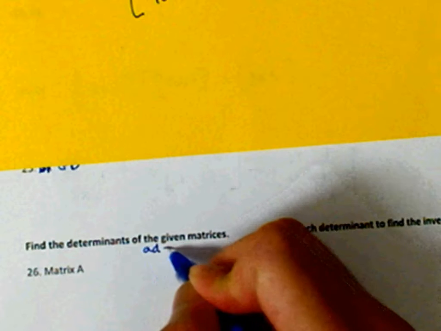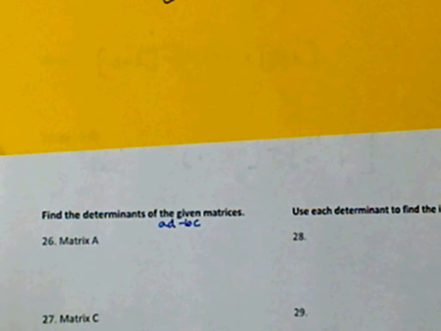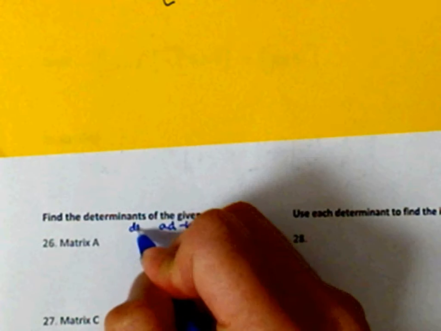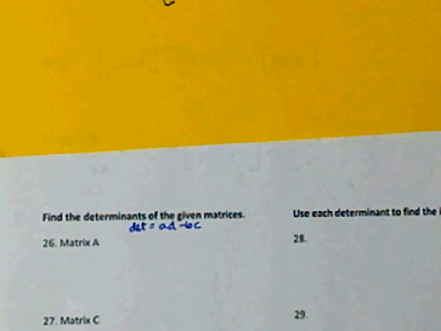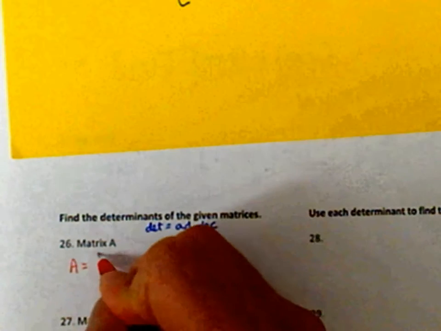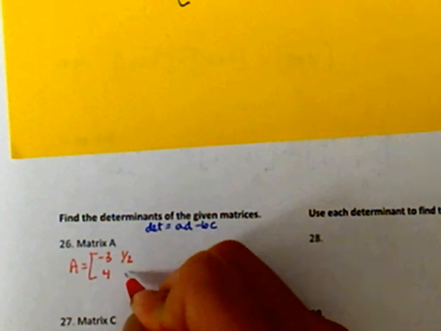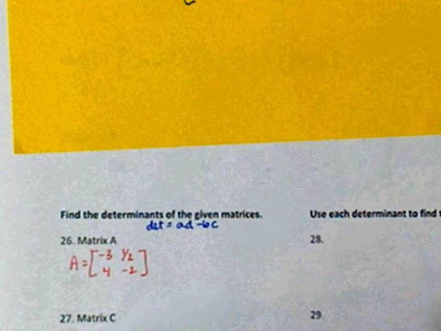Okay? All right, next part, finding a determinant. The determinant is AD minus BC. Just want you guys to remember that is your determinant, okay? And that's how you find your determinant. Let's look at matrix A. Matrix A is negative 3, 1/2, 4, negative 2.